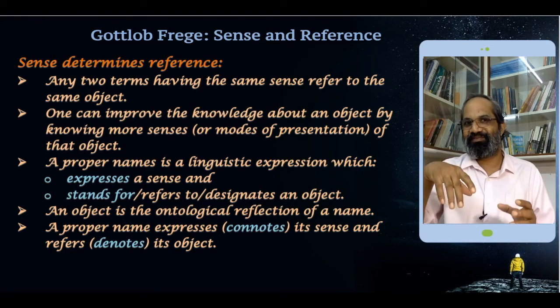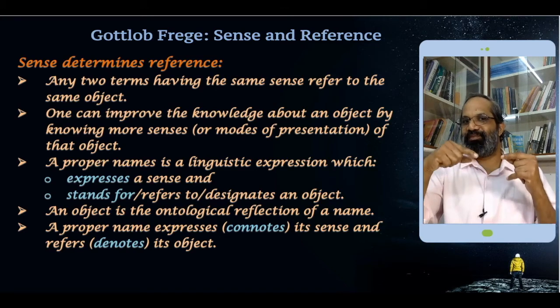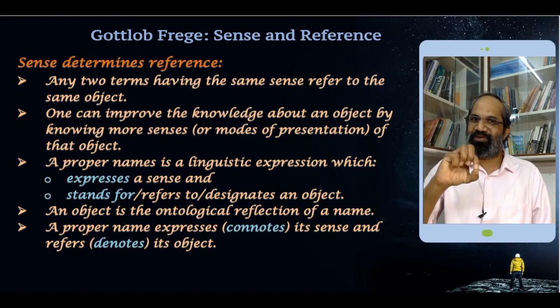All these are tables. So, the meaning of the term table is the connotation of the term table. And the denotation is what it refers to. All tables in the world are denoted by the term table. So the actual referent is what it denotes, and its meaning is what it connotes.